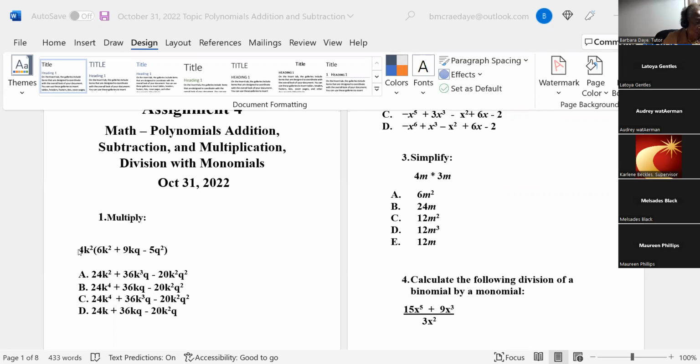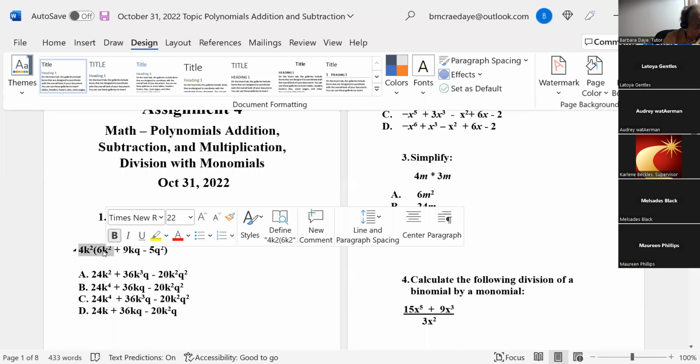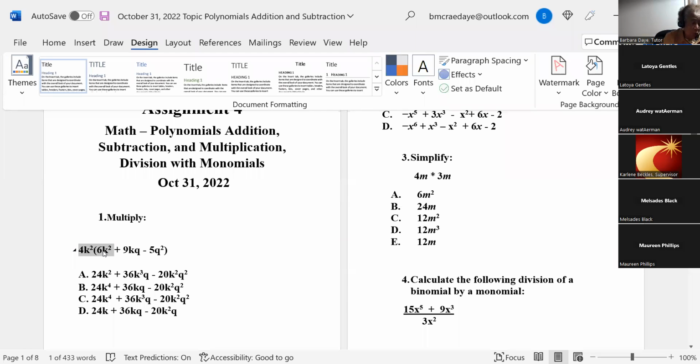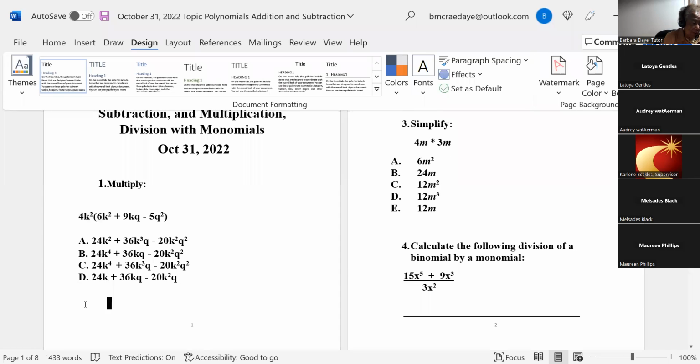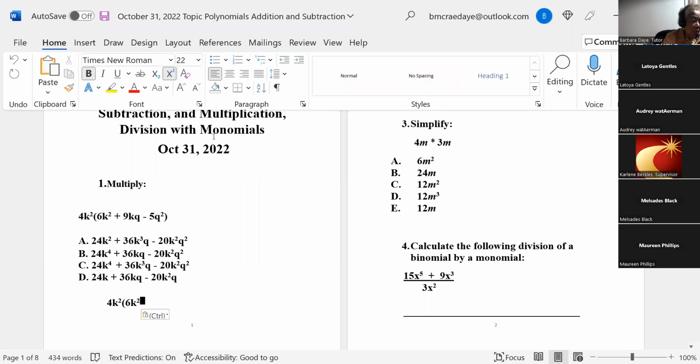Let me just write that. Okay, so just by doing that, you can eliminate 2 of the choices. So now you've just got 2 left, right? So let's just put that there and multiply that out.